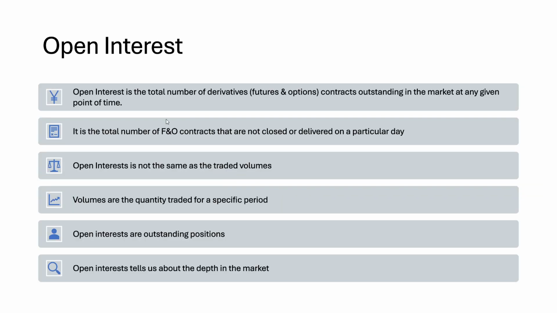When it comes to option trading, there is a very big concept, open interest. Open interest is the total number of derivative contracts, either futures or options, that are not closed or delivered on a particular day. If the transaction is completed or physical delivery has happened, there is no open interest. If it is not closed or delivered on a particular day, those are open positions, and that is what we call open interest, either buy or sell.